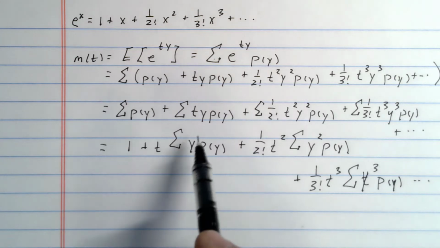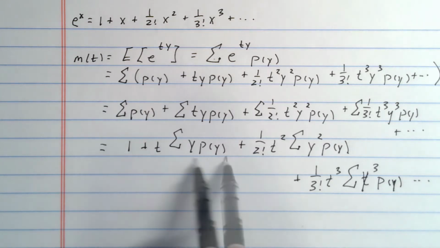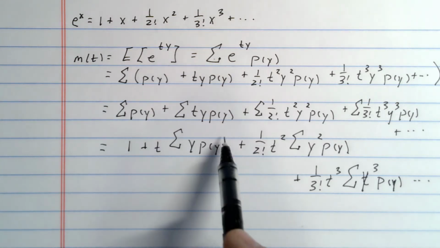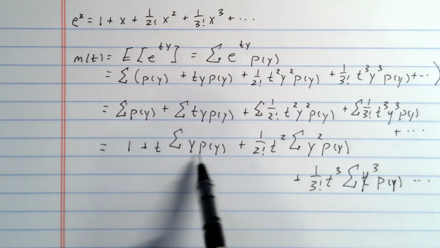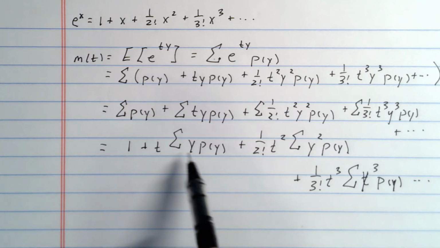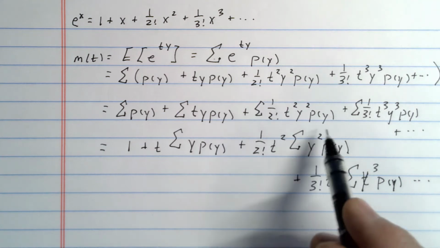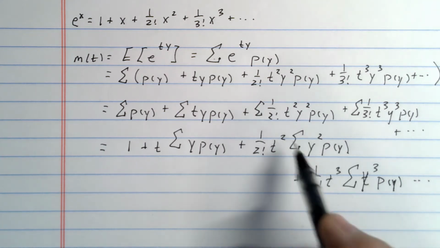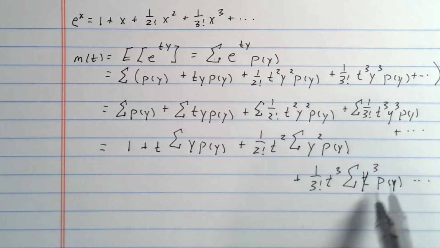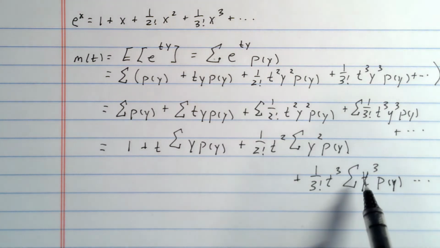And I think that we can see that some things are popping up here. We have the summation of y times p of y over all possible values of y. Well, that's just the expected value of y. In this one right here, we have the summation of y squared times p of y over all possible values of y. But that's just the expected value of y squared. This down here would be the expected value of y cubed.